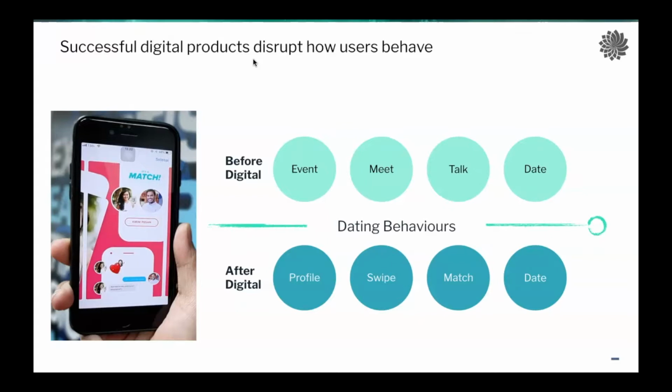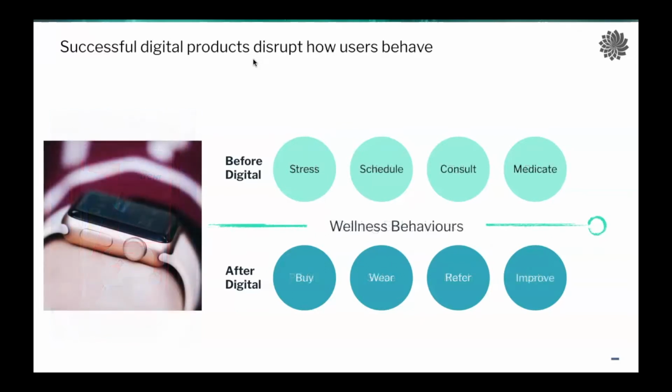What Tinder has done is in some ways take that physical behavioral instantiation and turn it into a digital interaction. You see this happening all the time.